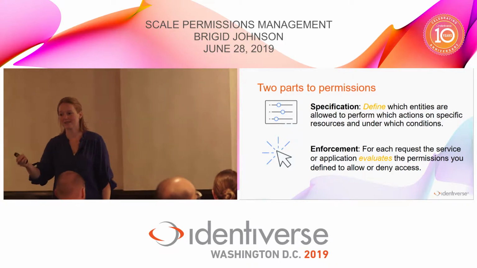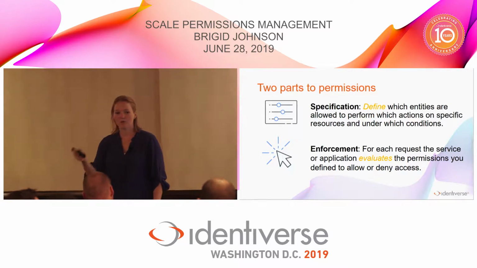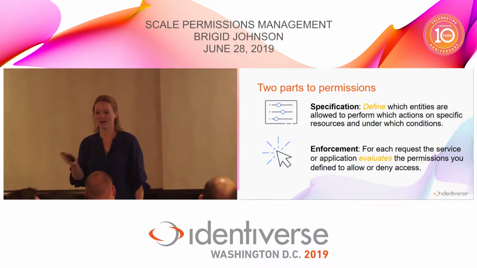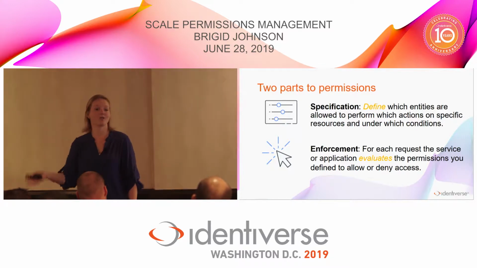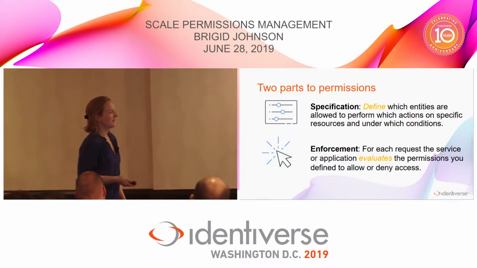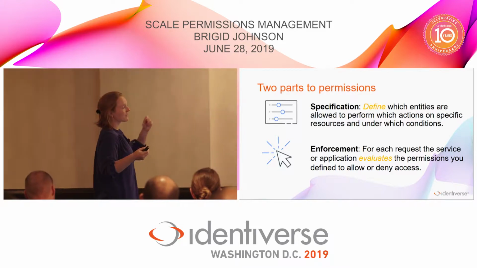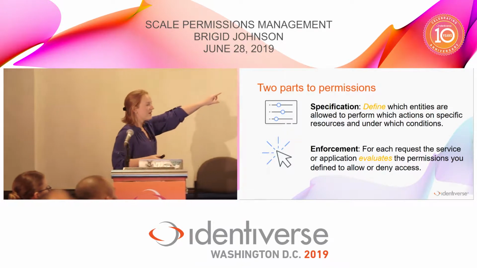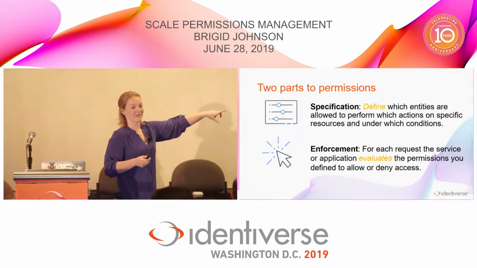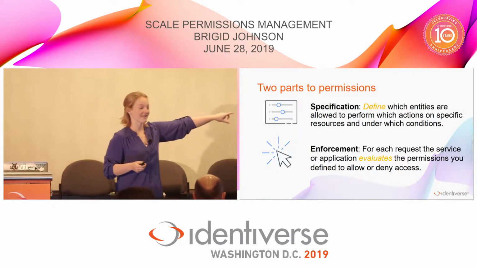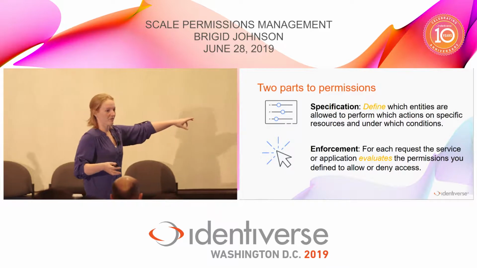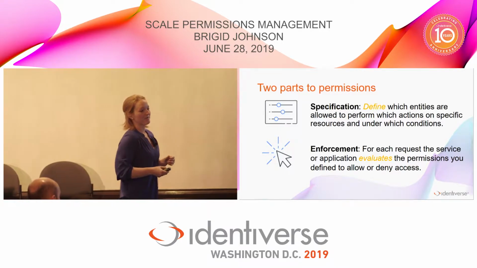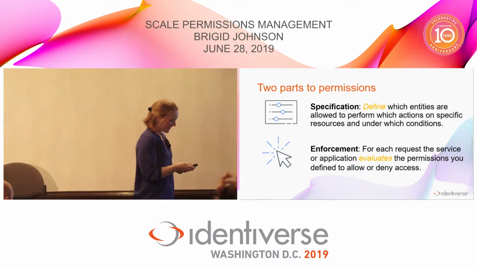For every request that comes into AWS, we build solutions that say yes or no. There's no middle ground. You're allowed or you're not allowed. Today we're going to talk a lot about the definition, because that's where ABAC comes into play. Then I'm going to demo a little bit of the enforcement, because that's the fun part where you see how developers can move fast and go build without having to go to a central admin every single time.